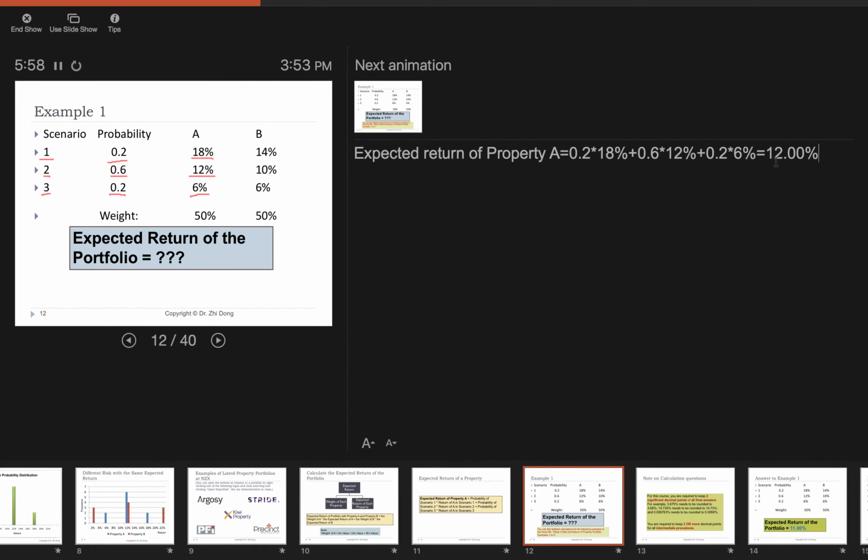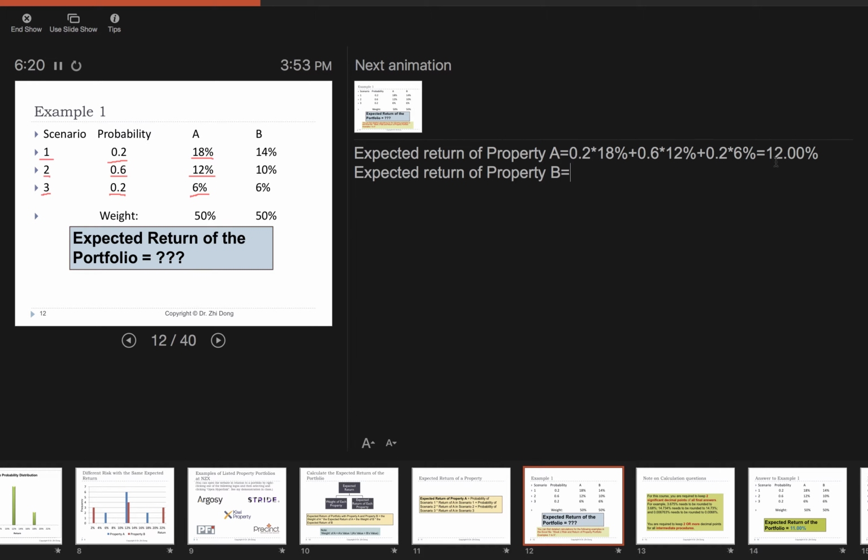So that's the expected return of property A across 3 market scenarios. We will repeat the same process for property B. So expected return of property B under the 3 market scenarios.